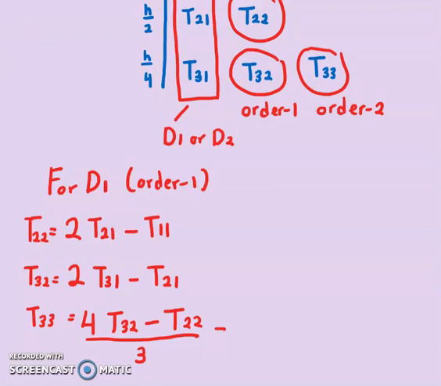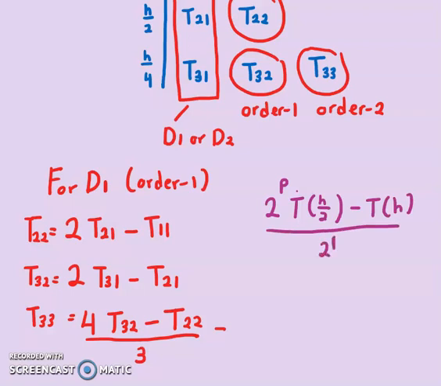We have 2 to the power of p times T of h over 2, minus T of h, over 2 to the p minus 1.